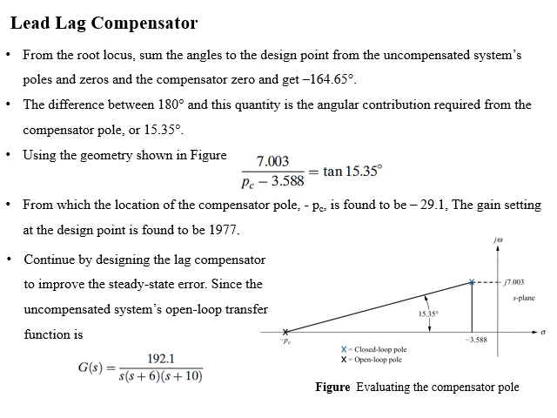Dear students, from the root locus, now we will find the angles of all the poles and zeros of the uncompensated system and the zero placed by a lead compensator to the new design point, and then we will sum all these angles and get the result of minus 164.65 degrees.